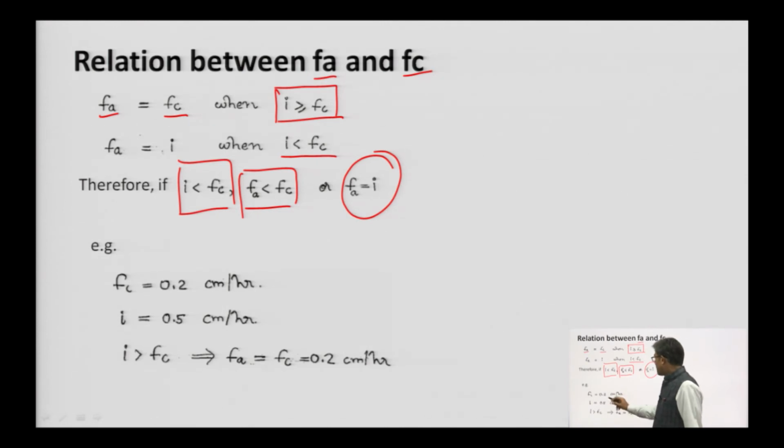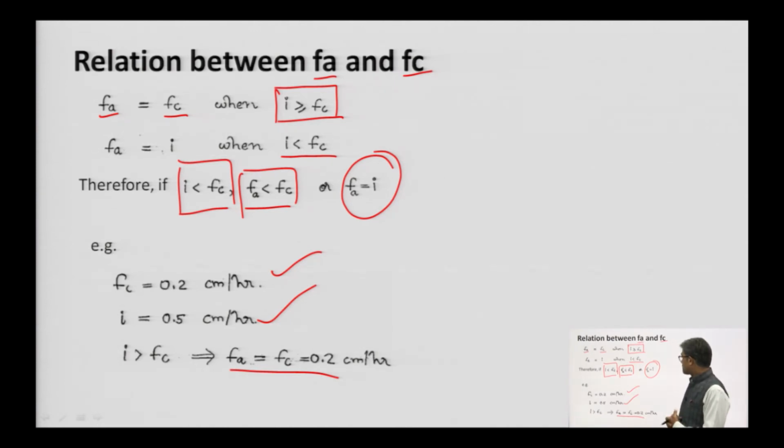For example, if the Fc value is 0.2 centimeter per hour and the I value is 0.5 centimeter per hour, here I is more than Fc, then Fa is equal to Fc, which will be 0.2 centimeter per hour. If precipitation is more than field capacity Fc, then both will be the same. Otherwise it is equal to I.